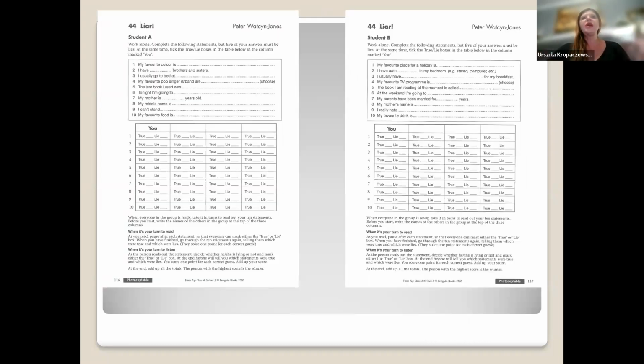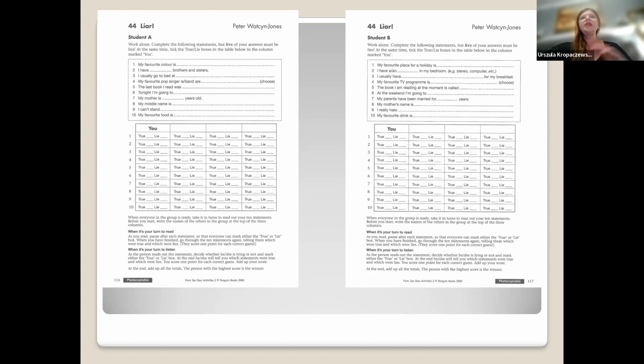And we have got liars. Then we want students to work in a group of 4 people, and everybody is to fill in the gaps in 10 sentences, but some of the sentences must be lies.